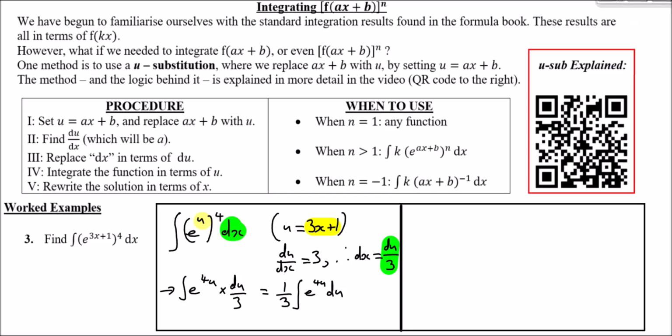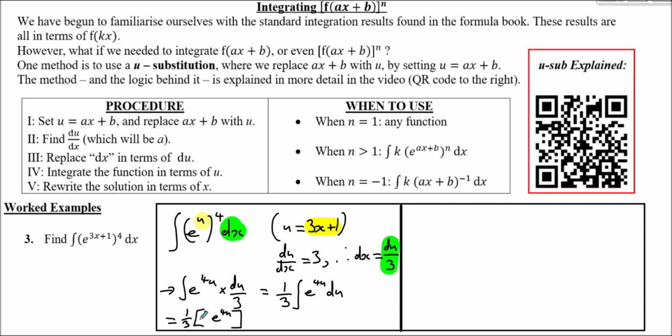So if we integrate this, I'll have 1/3. That constant will stay as it is. If I integrate e to the 4u, obviously when you integrate e to the power of something, the power stays, so I'm just going to have e to the 4u still. Sorry about it being a bit cramped. I should have made myself more space. So that 4, I'm going to end up dividing by it.